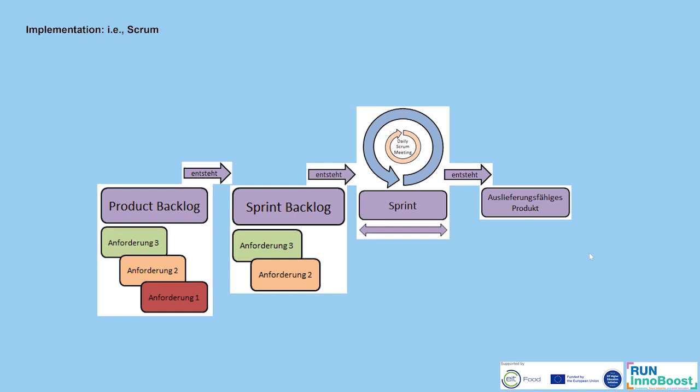And since we have now two leaders, now we need the Indians, and that is the Scrum team. So the Scrum team, these are the developers of the innovation. So they are focusing on the implementation of a specific requirement.